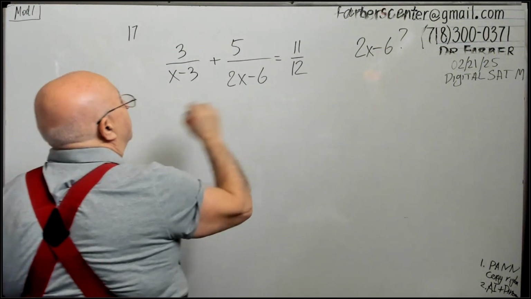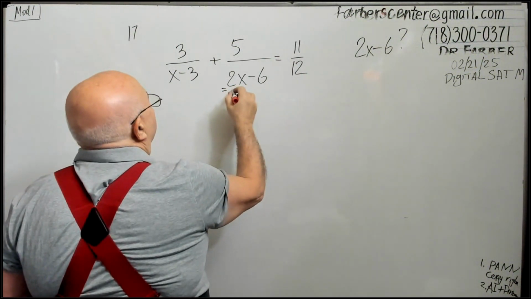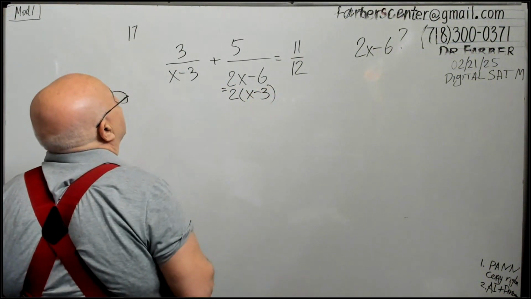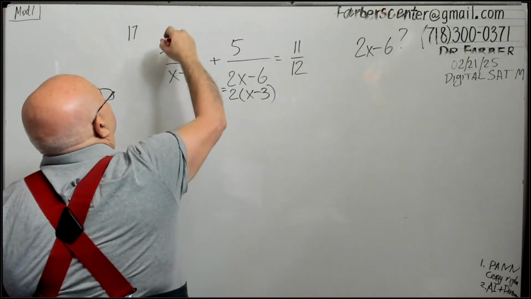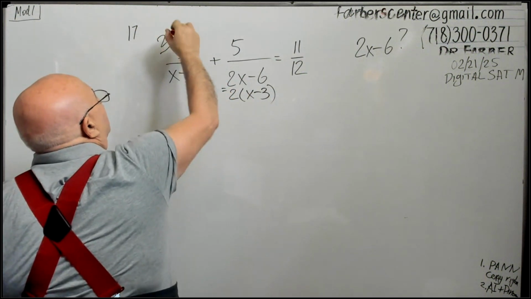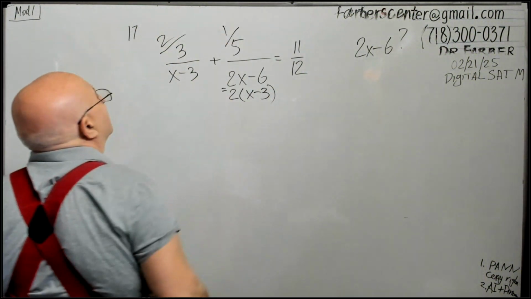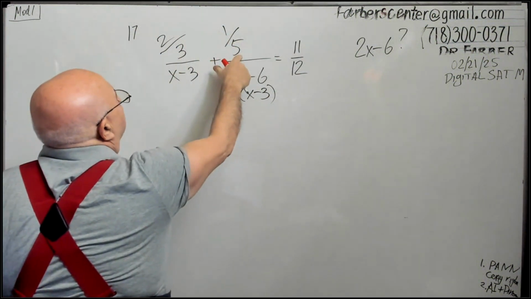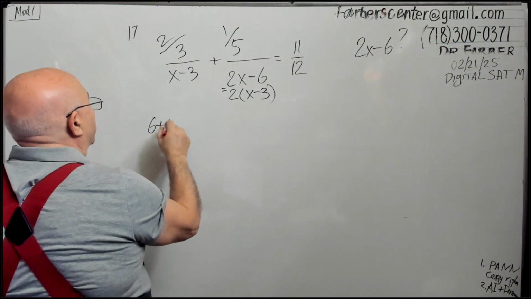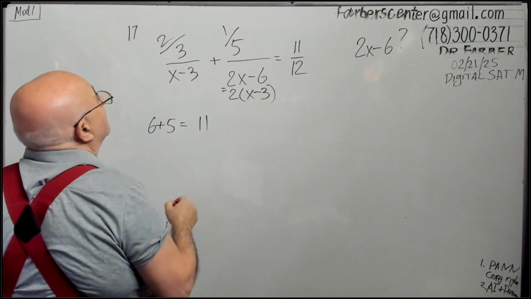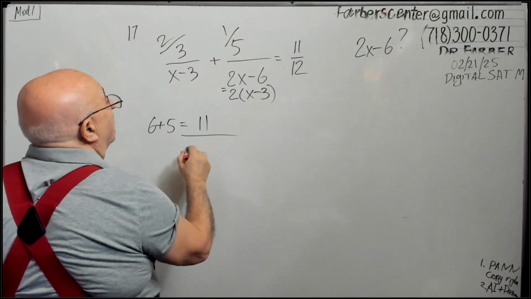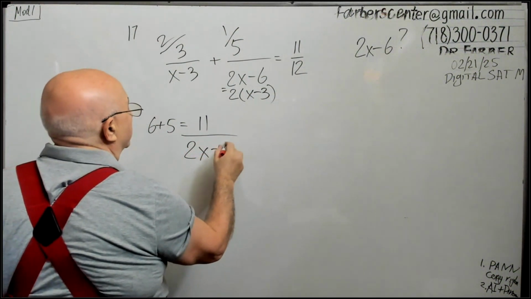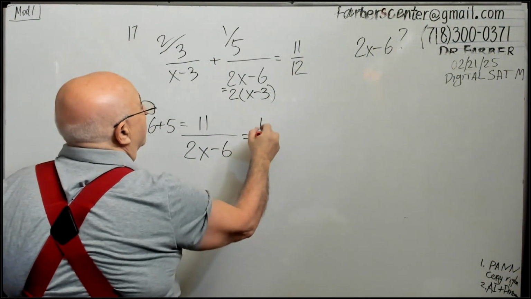They're the same, like 2 times x minus 3. So this LCD is 2 times x minus 3. This is 2, this is 1, right? And 6 plus 5, which is 11, over 2x minus 6 and 11 over 12.